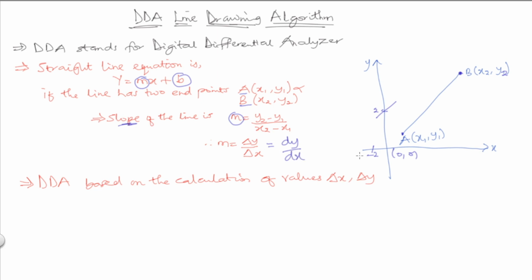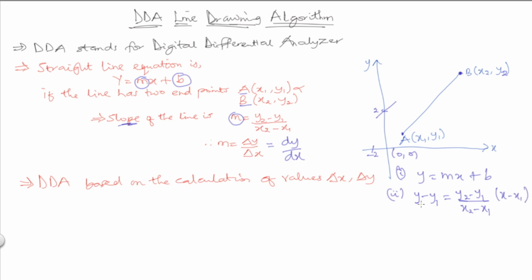Now, the equation of a line can be generated in 3 main ways. The first one is y equals mx plus b, which we already have talked about. The second way of writing an equation of a line is represented in this form: y minus y1 is equal to (y2 minus y1) over (x2 minus x1), all multiplied by (x minus x1).